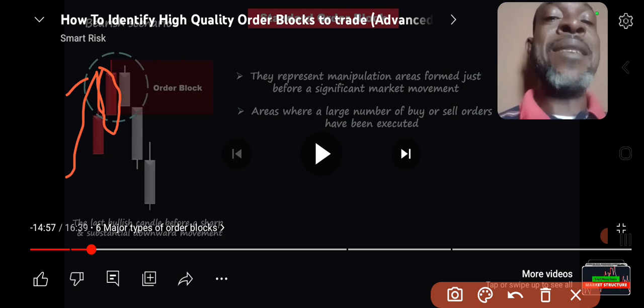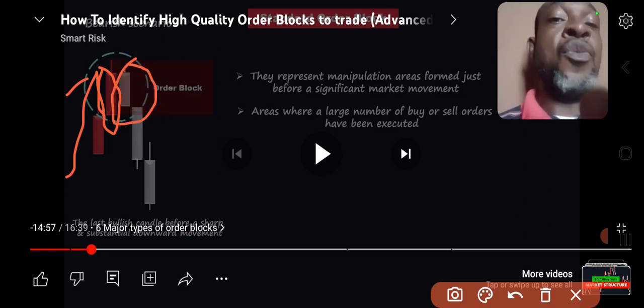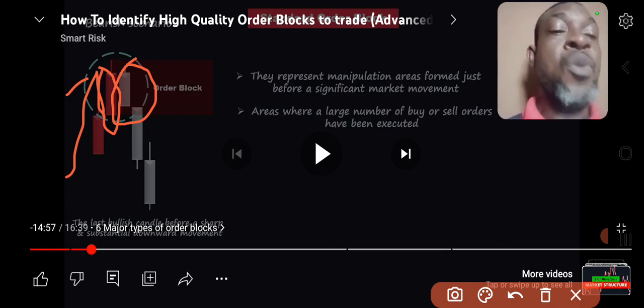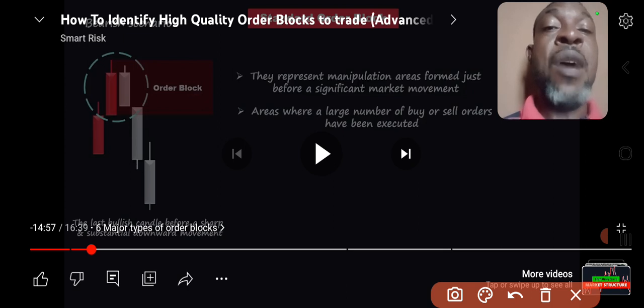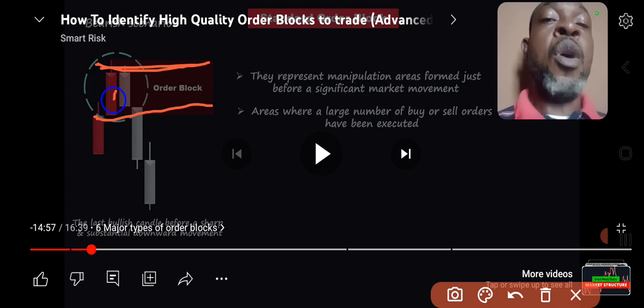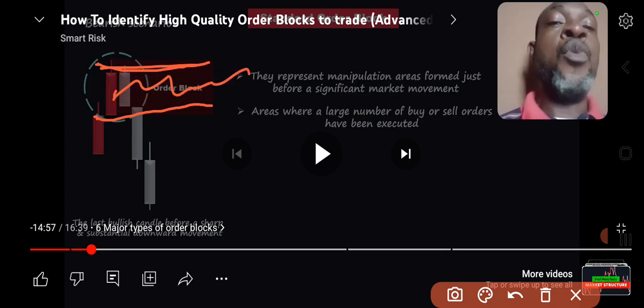And that was the last candle that you saw before the white candle, which is the bearish candle, appeared. That zone is the order block. Now, when you're drawing your order block, you start from the top of the wick, right? The very top of the wick and the base of the candle. So all this area here would account for your order block.